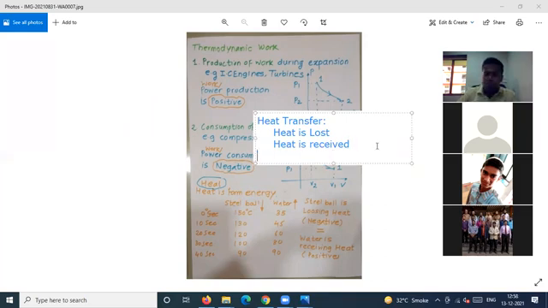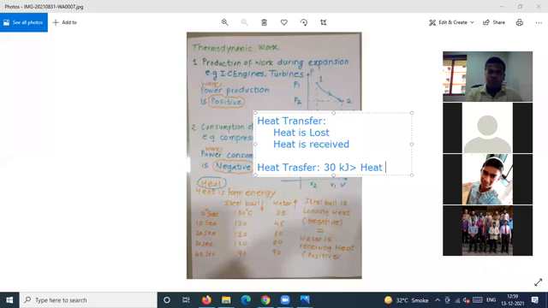Now let us work on the cases. When I say that heat transfer is 30 kilojoule, can you let me know what you understand from this?